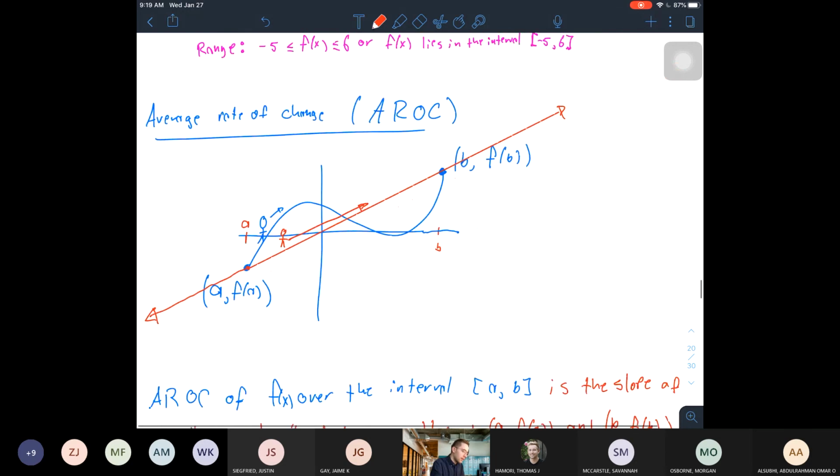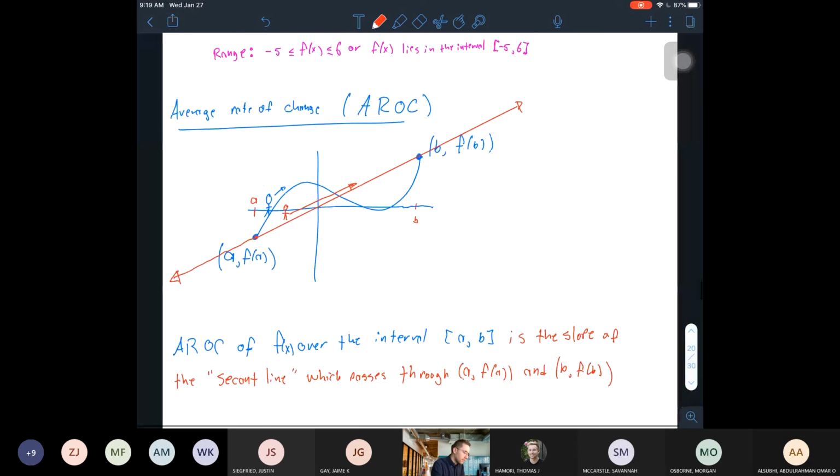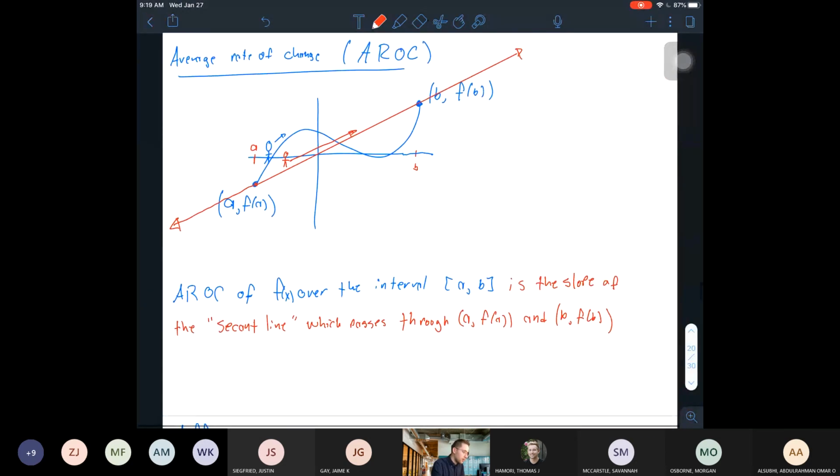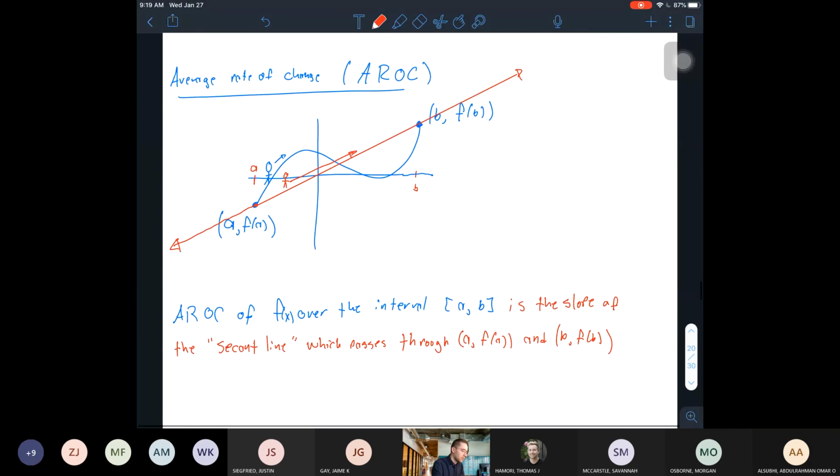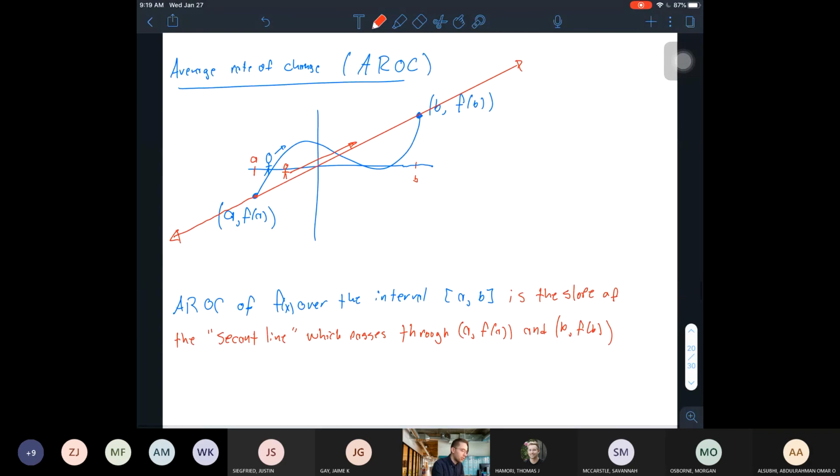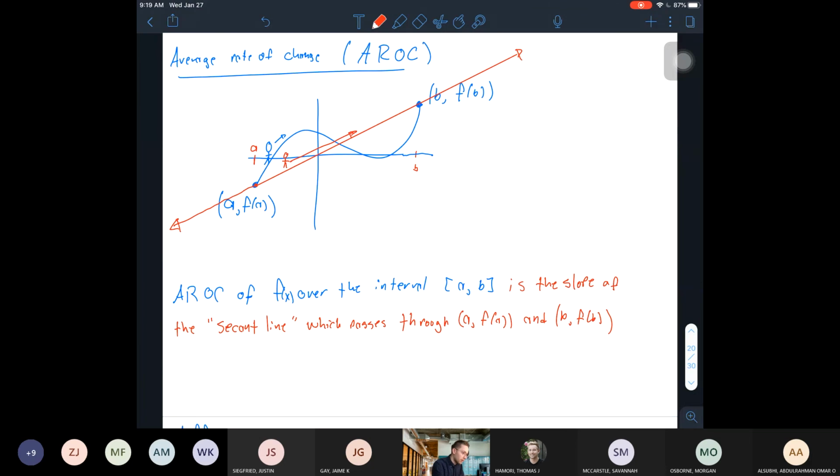Okay. And the way that we compute it is just by computing the slope of this line. And we have 2 points on the line. So the way we compute the slope of a line which passes through 2 points is just by checking the rise over the run. And the total rise here was f of b minus f of a.